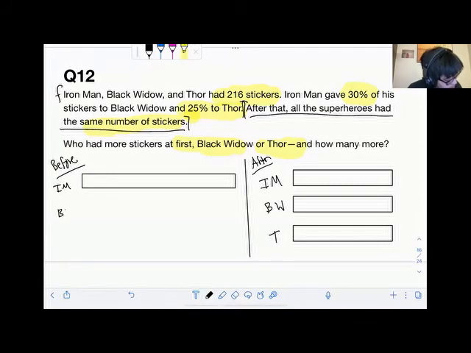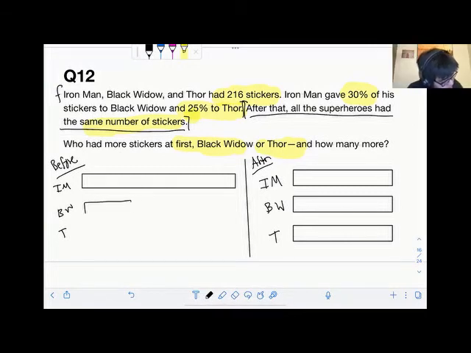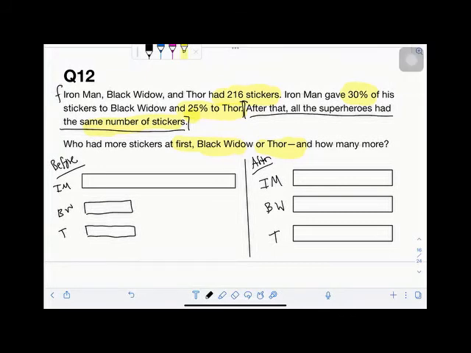Tapos si Black Widow at saka si Thor, hindi pa po natin alam kung ano ba yung mga box nila. Yes, sir, mas malaki kay Thor compared kay Black Widow po. Okay, so actually, alam po natin na siguro mas maliit yung dalawang ito. Pero siya ba yung mas mahaba? Hindi pa po natin alam, no? Oo. So ito muna.